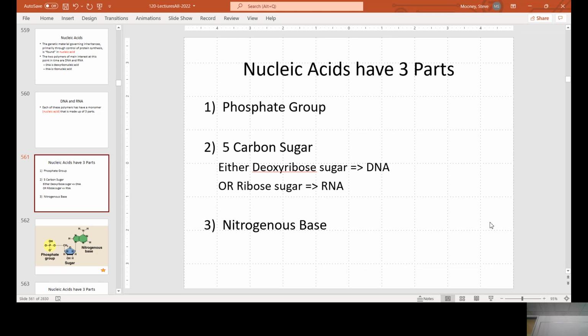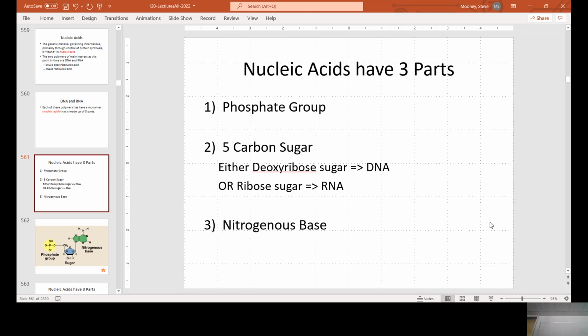That's the difference between RNA and DNA, whether we have the deoxyribose or the ribose sugars. And the third part is the nitrogenous base. So we have these 3 pieces stuck together.